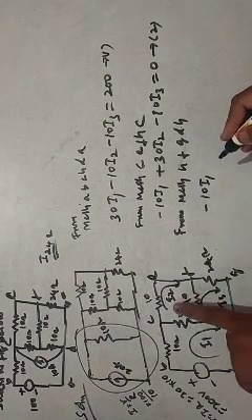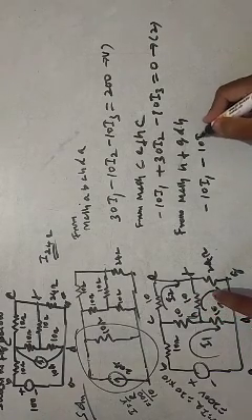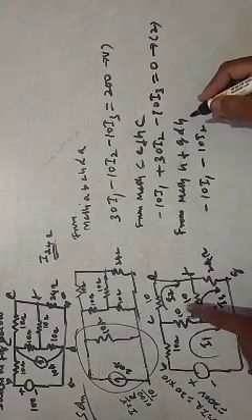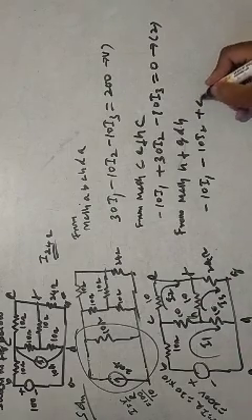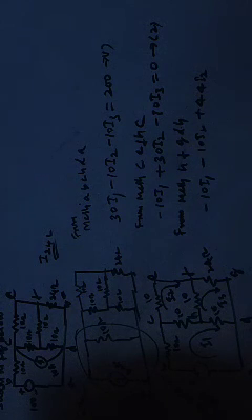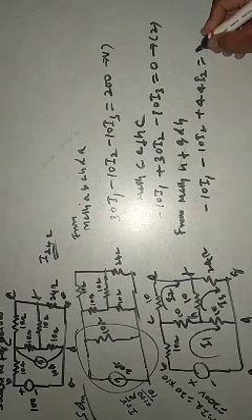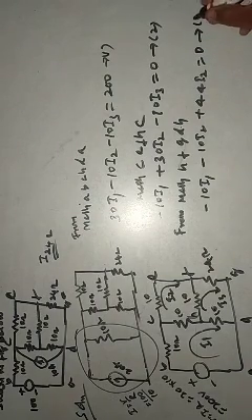This 10 ohm is shared between 2 and 3, so minus 10 I2. And for mesh 3, 10 plus 10 plus 24, it is 44 I3. And this is not having any voltage source, so it is equal to 0. This is equation 3.